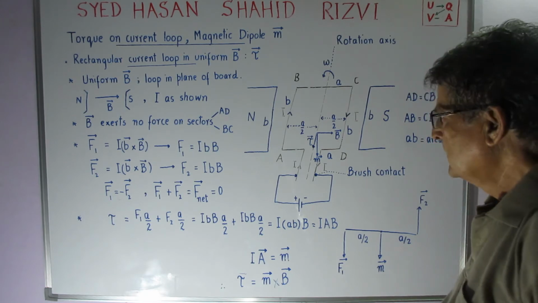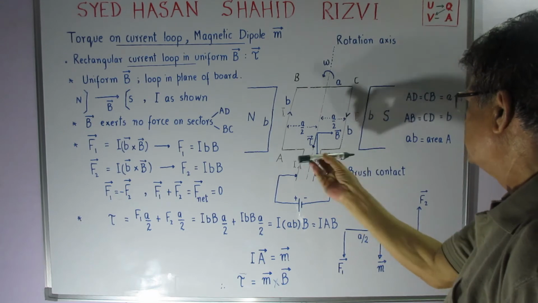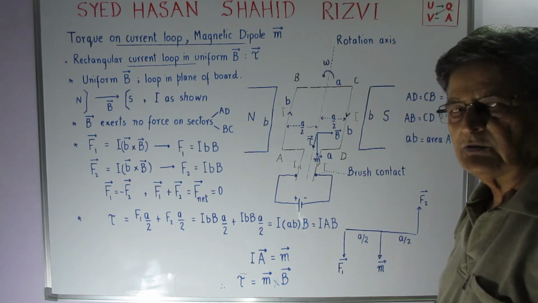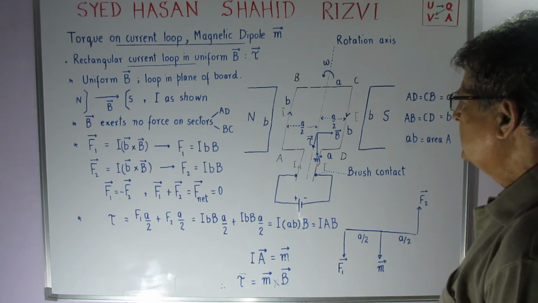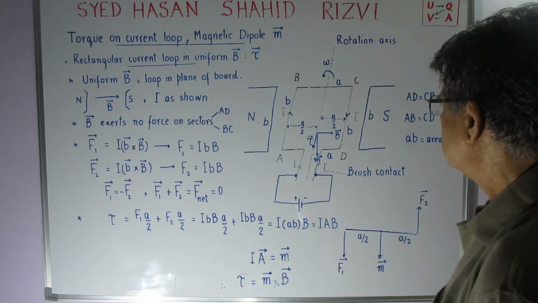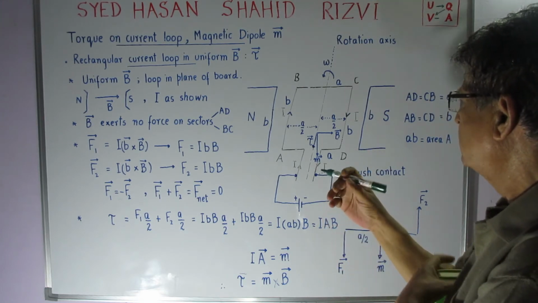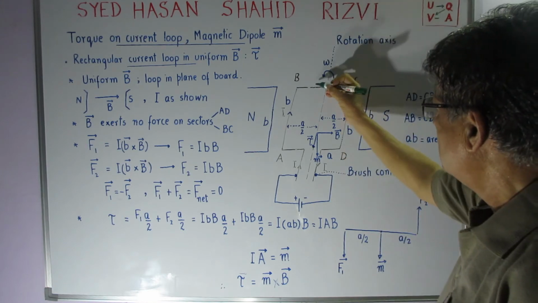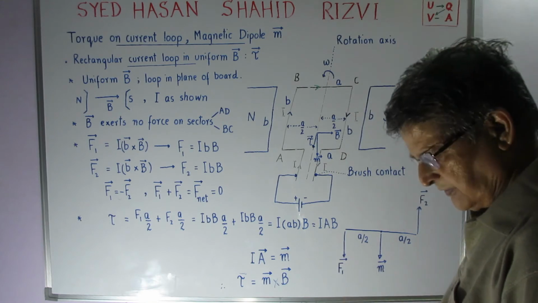Why? Because the current is in the direction of the magnetic field. If the current is in the direction of the magnetic field, and I can show it to you, for example, over here the current is like this, and over here it is like this.